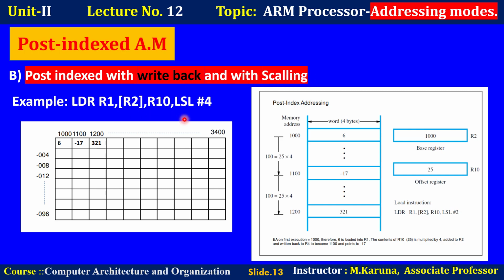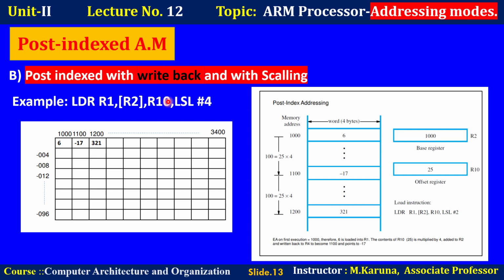Let us see. The example is load register R1, R2, R10, LSL hash 4. Any register can be taken from R0 to Rn minus 1. Here a left shift operation is performed on the element in the R10 register by the given number.